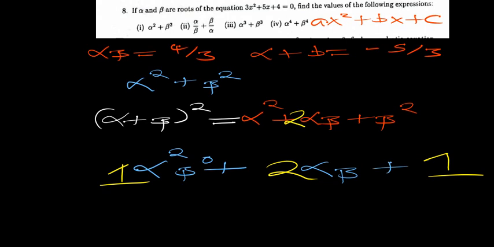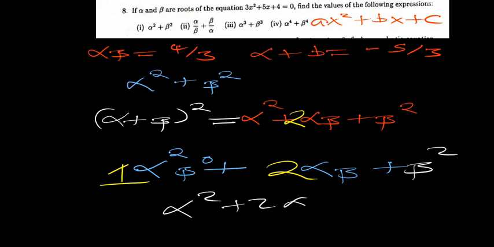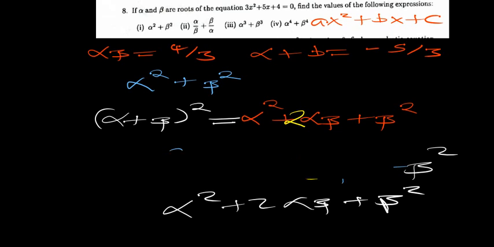For the last one, the 1 I can just remove, it doesn't make any difference. Alpha has been reducing, so it will be alpha to the power 0, so no need of showing it, and beta will now be beta to the power 2. If you reduce this, it becomes alpha squared plus 2 alpha beta plus beta squared. So this is the role that the binomial expansion is playing in this question.